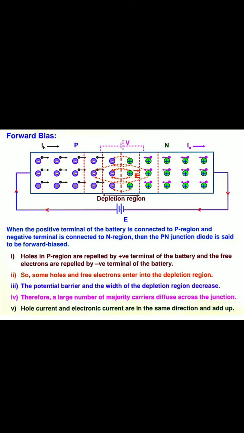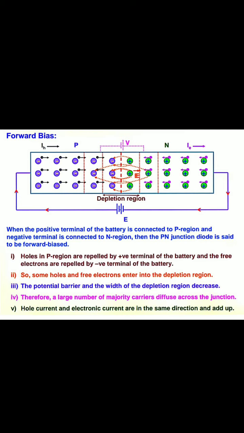That's why this does not follow Ohm's law. In Ohm's law, whatever potential we apply, the same amount of current passes through the conductor. But here, when we first apply a little potential, in the case of germanium, at 0.2 volt we get zero current.